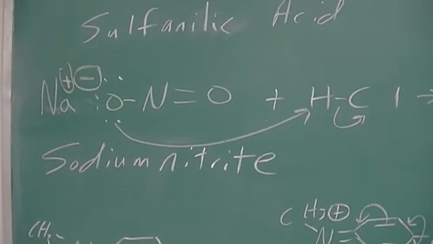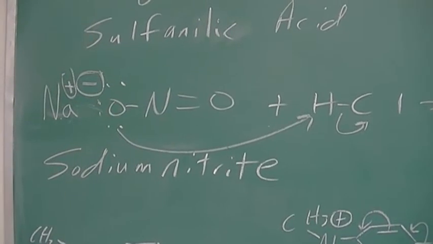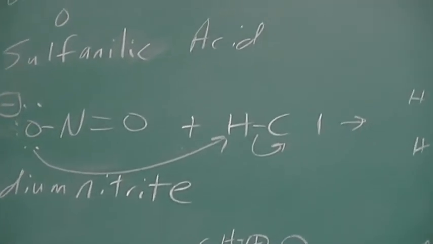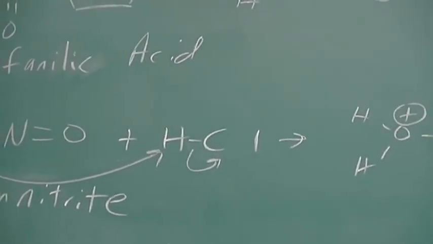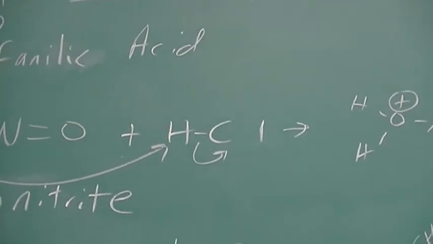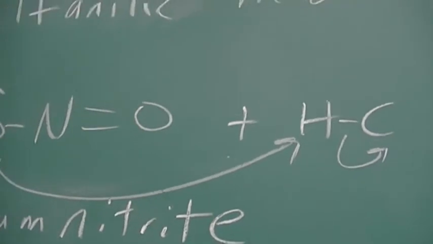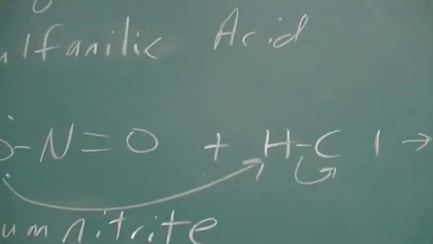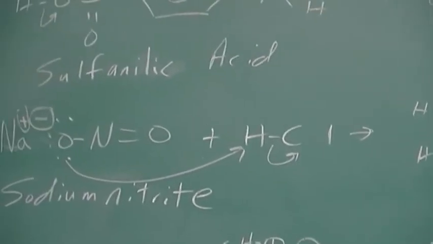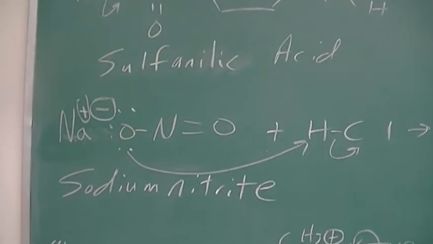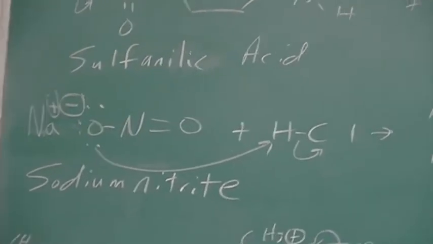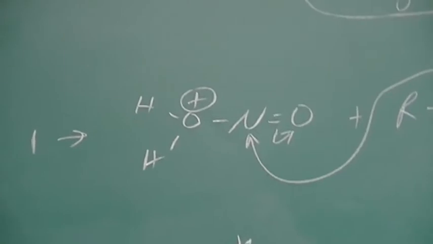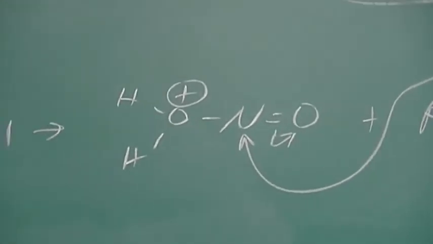Initially it's going to take the H off of your HCl, and then it does that twice. So we're going to do this same reaction twice. There should be two HCl's and two Cl minuses, because we are going to fully protonate our sodium nitrite.